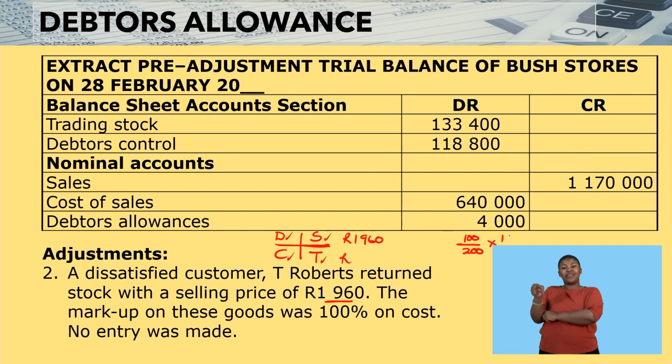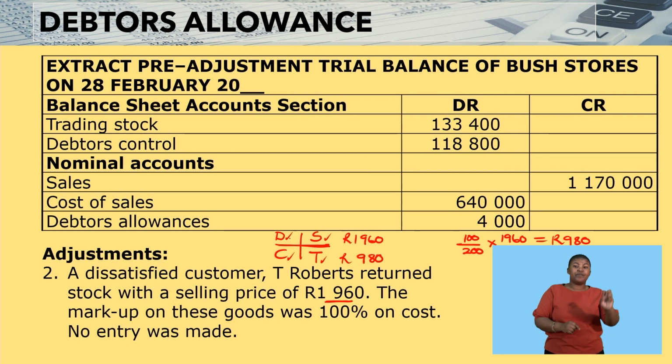Multiply this by 1,960. When we punch that in the calculator, we will then get 980. 980 now becomes the cost. So at the bottom here, it will be 980.